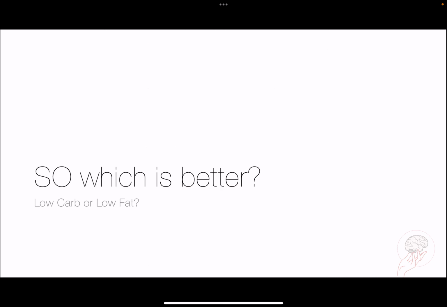So we've spent a lot of time looking at low carb or low fat. In fact, that's what your abstracts were about. We've just had several lectures on fat and carbohydrates. So which diet is better?